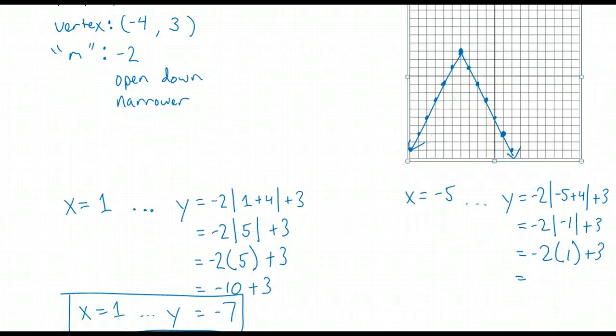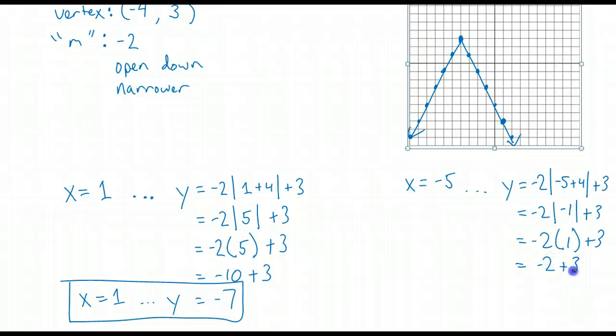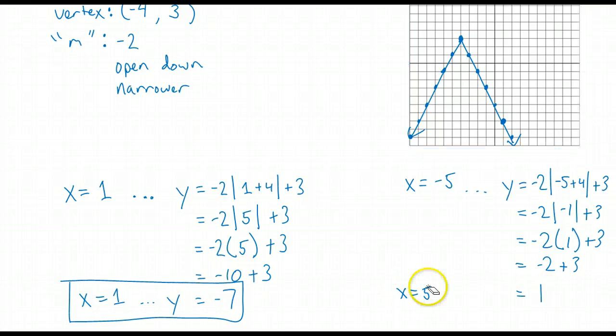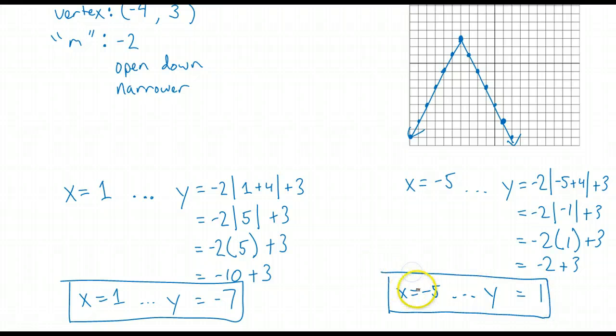Negative 2 times 1 is negative 2. And now, last, I can add. So when x equals negative 5, y is going to equal 1. When I input negative 5 for x, my output is 1.